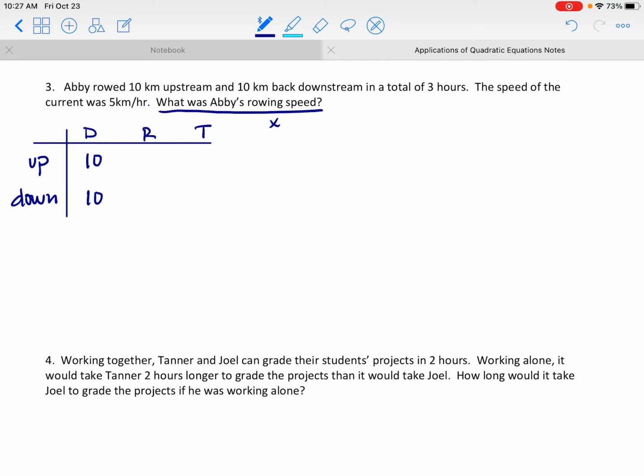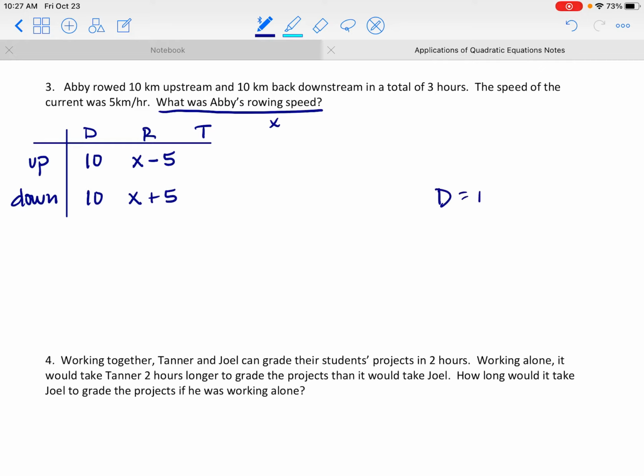So her rate going up, we do not know, but whatever it is, she's going to be 5 kilometers per hour slower because of the current. And her speed going downstream, whatever it is, she's going to be 5 kilometers per hour faster because of the current.